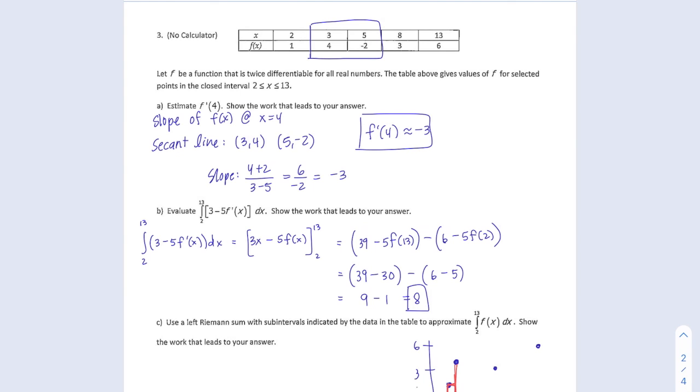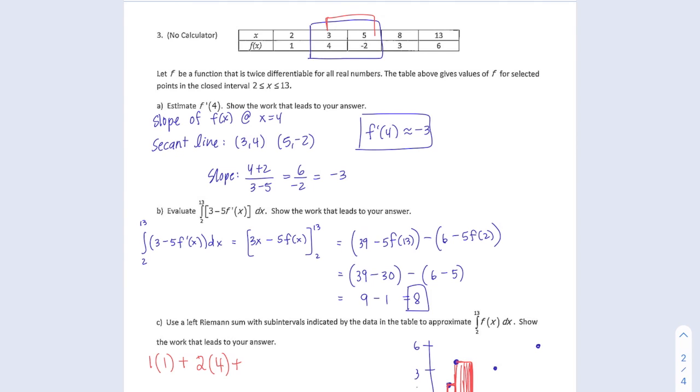So that's going to give me an area of, these are rectangles, so it's going to be an area of 1 times 1, plus the next interval starts here and goes to there. It's not really going down at all because of that left endpoint, but it's going to have a width of 2 because we're going from 3 to 5, and it has a height of the left endpoint, which is 4.